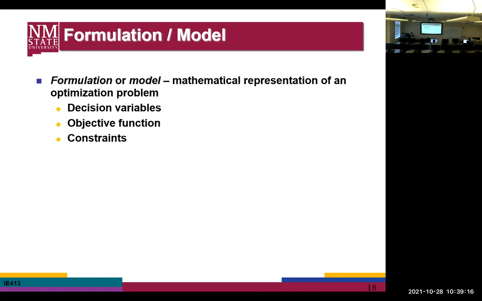We've been discussing that a mathematical model consists of decision variables, an objective function, and some constraints, right? And we've already learned about the LP, linear programming model. Typically, the linear programming model is a mathematical model where both the objective function and constraint functions are linear functions, right?